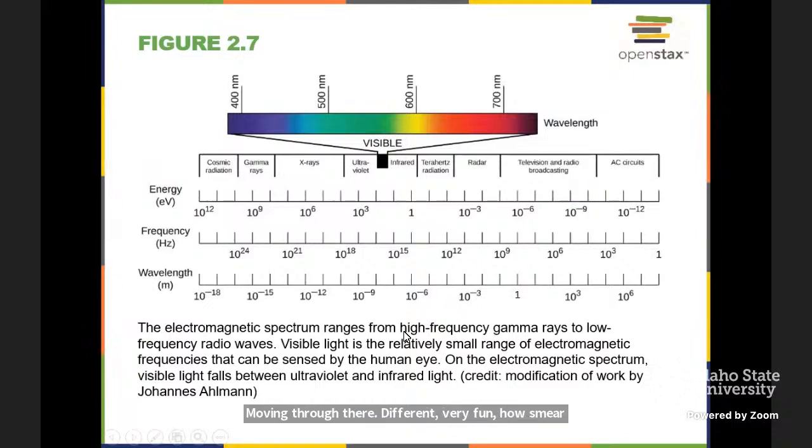So I said we'll see the electromagnetic spectrum. The visible light is a super small fraction of the entire electromagnetic spectrum. And truly within this bit, not that high of energy, all right, compared to the rest.